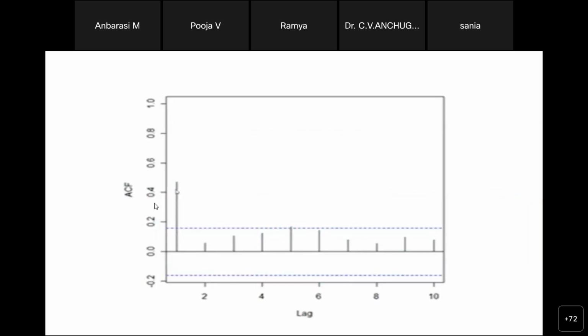In case of ACF, they'll be considering both the direct as well as the indirect effect of the previous time lags. They will see the number of values crossing above 0.1, and based on that the order will be calculated.